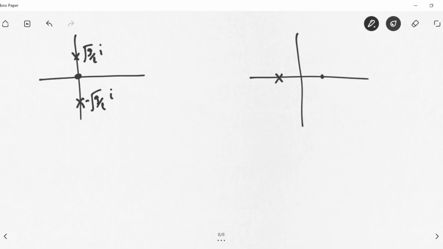This dot here is your equilibrium point, that is pi 0.